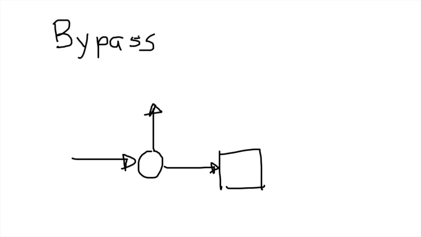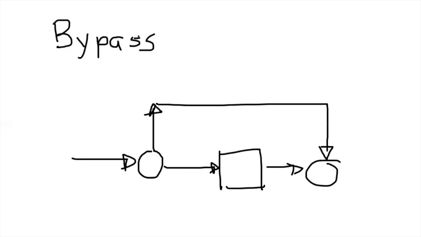And then this is going to have a mixer where we can bypass some of the feed in order to have a product. And you would ask, why would we do that? Usually this is done in order to control the composition of the output at the very end of the process, so we can have the final desired composition of the output.